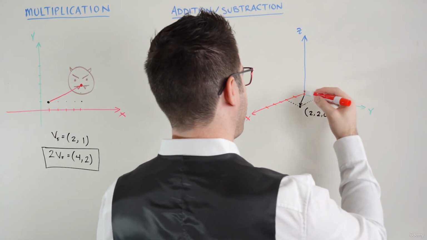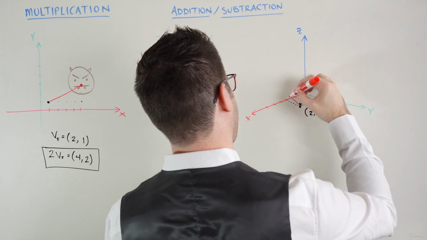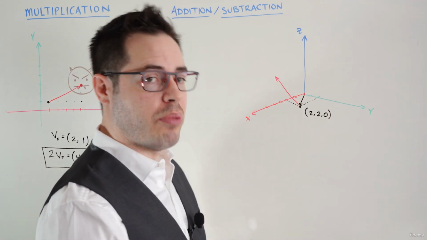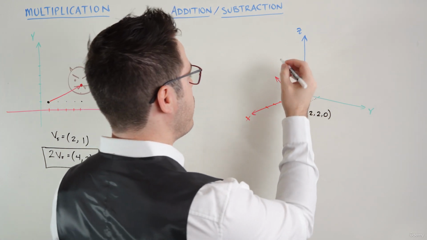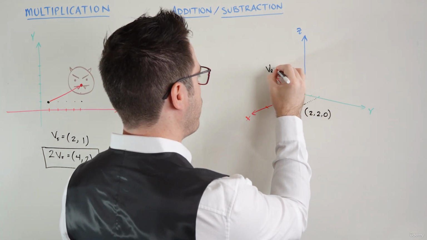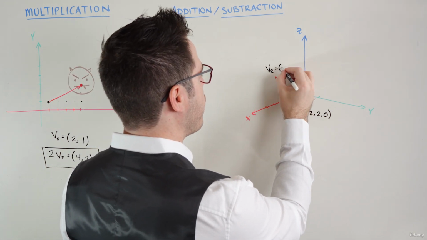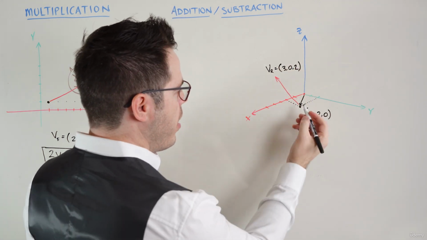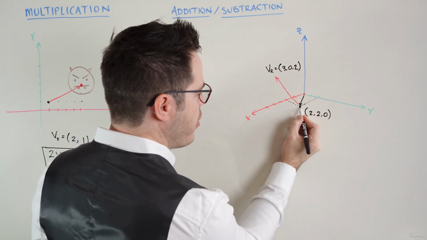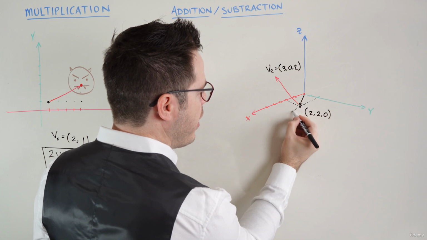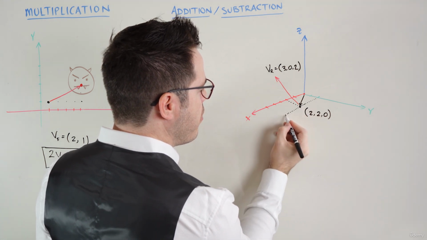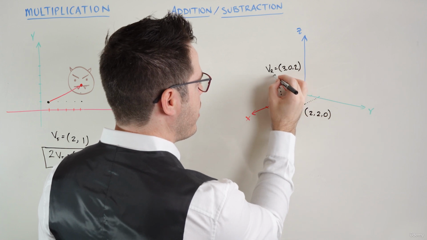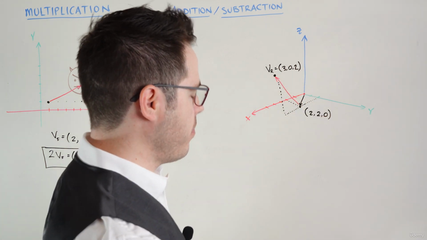Let's say that vector looks like this. And we'll give this vector some components. Let's say that this vector, we'll call this v sub r for rocket, is the vector 3, 0, 2. In other words, the rocket begins at our character's location and it travels 3 in the x, 0 in the y, and 2 in the z, and ends up here when it explodes.